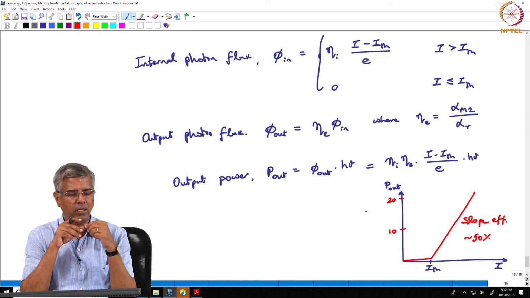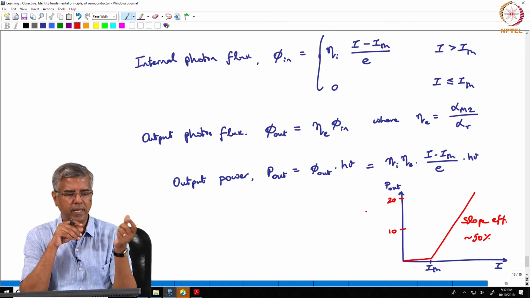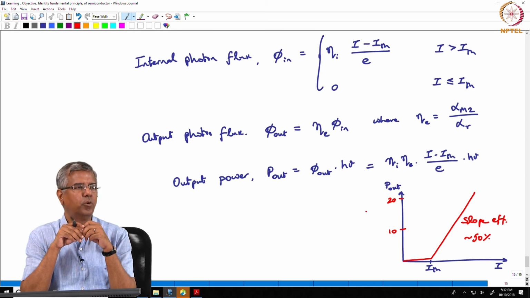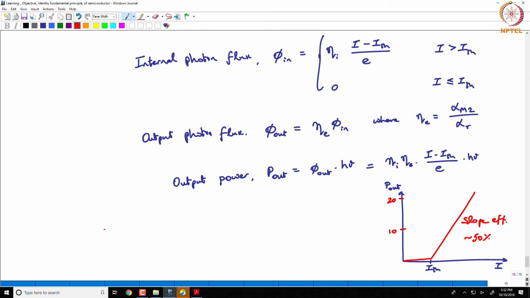First of all, the semiconductor lasers that we have in the lab are all multimode lasers, what are called broad stripe lasers. So, you have a fairly large region over which this emission happens, a fairly broad aperture.